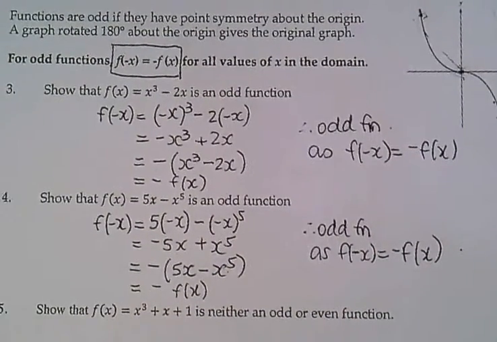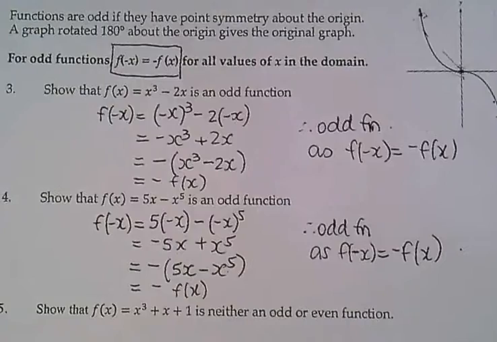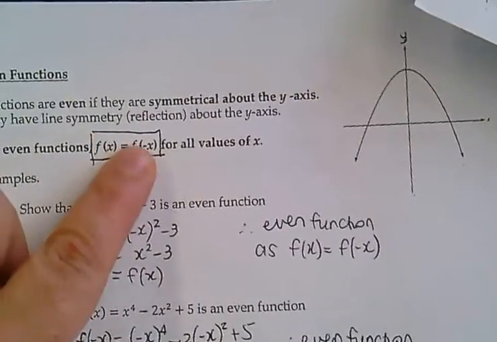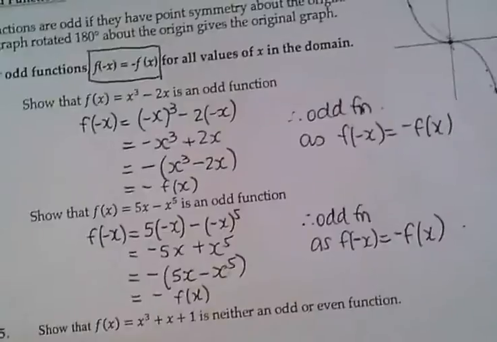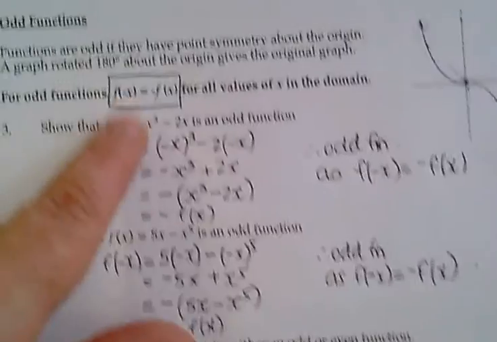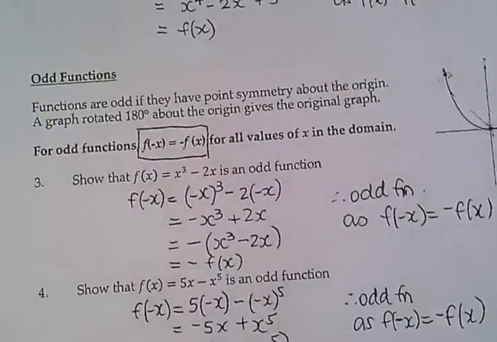So you always will be checking to see if it's even first, because you always do function of negative x first, pretty much. Because you need to do function of negative x for both odd or even functions. For an even function, function of x equals function of negative x. But for an odd function, function of negative x equals negative function of x.